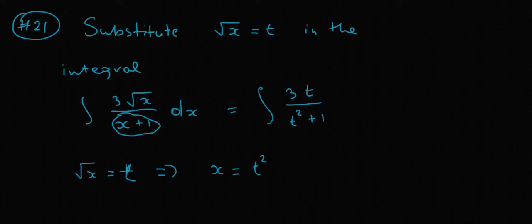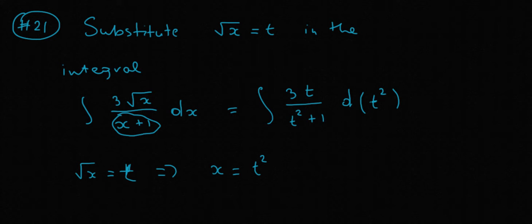And so what we're going to do to rewrite this integral in terms of t, we will replace x with t squared under the differential sign. So next we're going to have times d of x, but x is the same as t squared, so I replace x with t squared. And that gives me d of t squared.